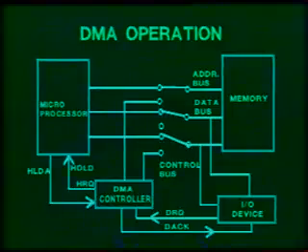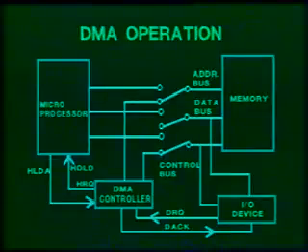When direct memory access is desired, the switches are shifted to the other position where you will see the address bus and the control bus getting connected to the DMA controller, while the data bus gets isolated from the CPU and is connected only between the IO and the memory. Such a process is direct memory access.